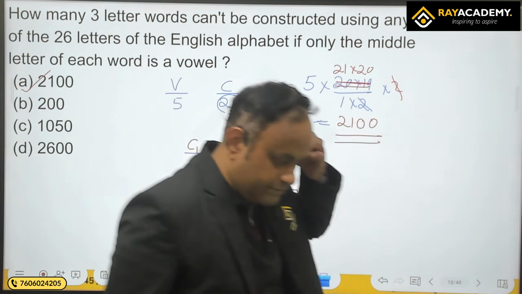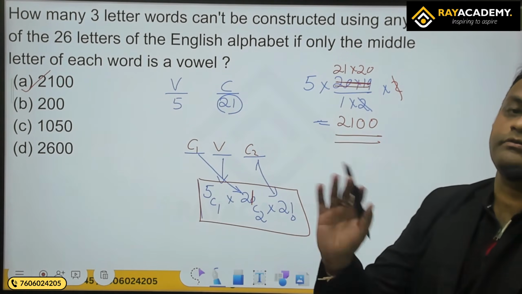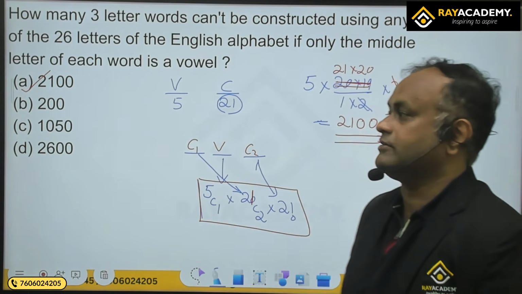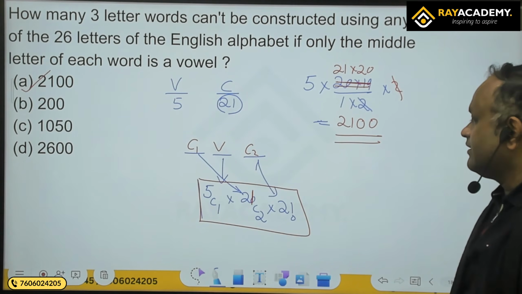So you understood how we have done this question. First, you have to see what is given in the question. There is a three-letter word. The middle one will be the vowel, and the two extremes would be consonants. So first the vowel selection can be done in 5C1.